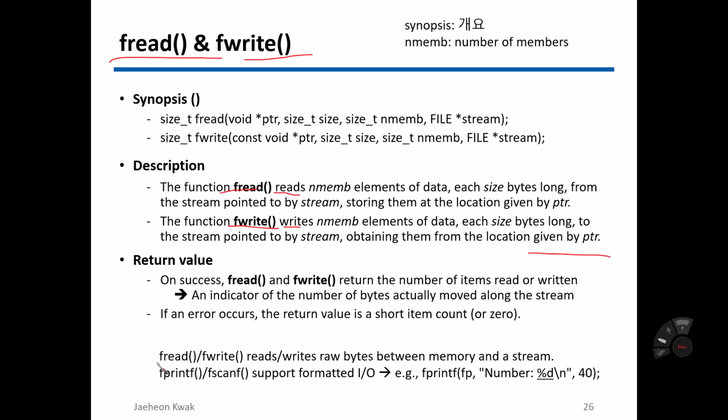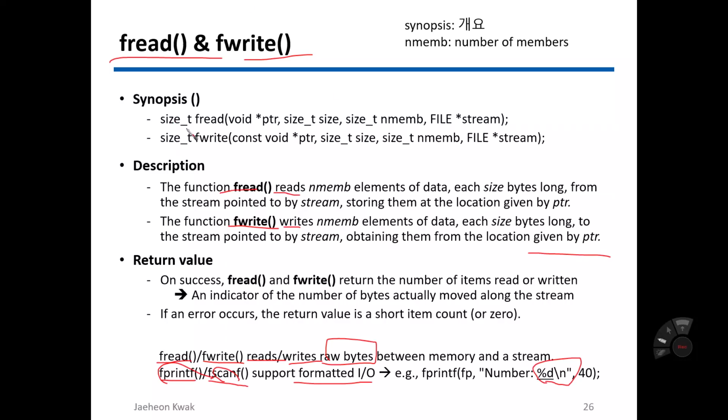The fread and fwrite read and write the raw bytes between memory and stream. However, fprintf and fscanf support formatted I/O, so you can use %d or other specifiers when you use fprintf and fscanf.